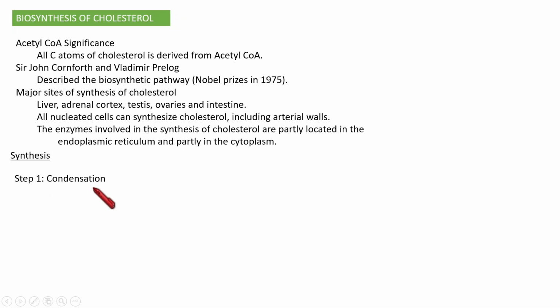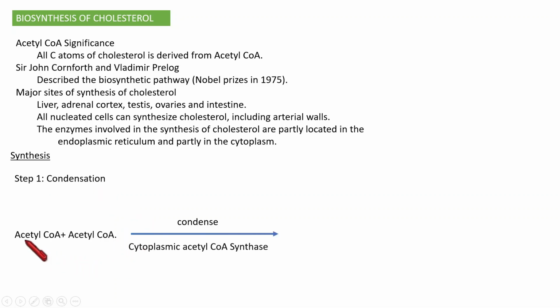We know that condensation means combination of compounds through the elimination of water. So here what is combining? Two molecules of acetyl-CoA. I already told you acetyl-CoA is a basic fundamental unit that provides all the carbon atoms of cholesterol.